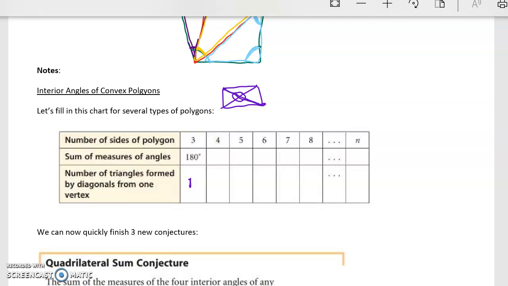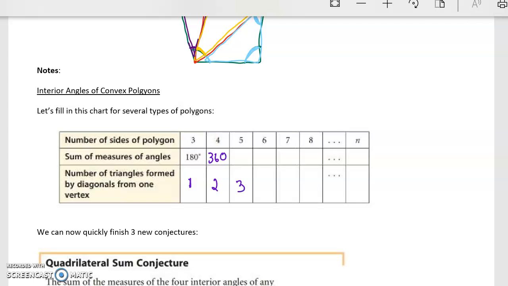So in a quadrilateral, we can make 2 triangles. And since each triangle has 180 degrees, if we do 180 times 2, there are 360 degrees in a quadrilateral.